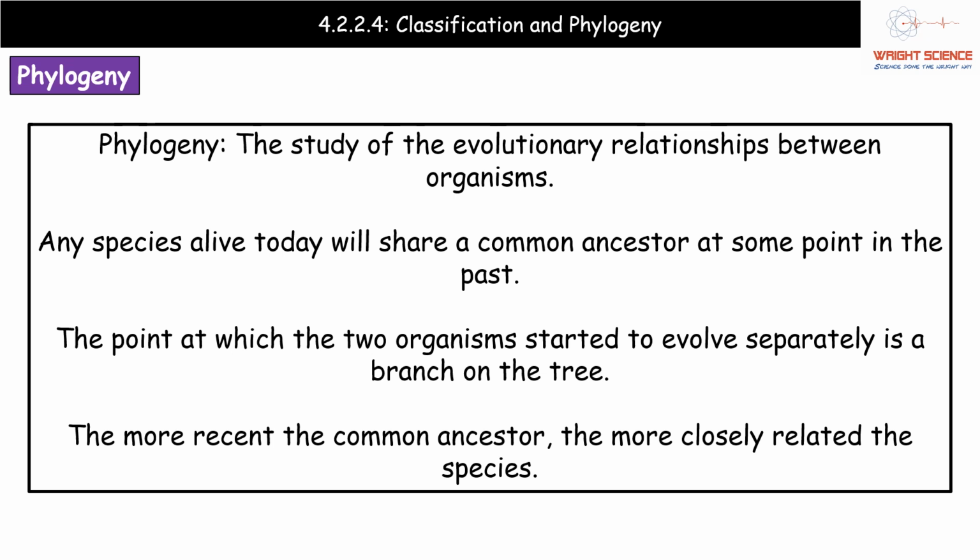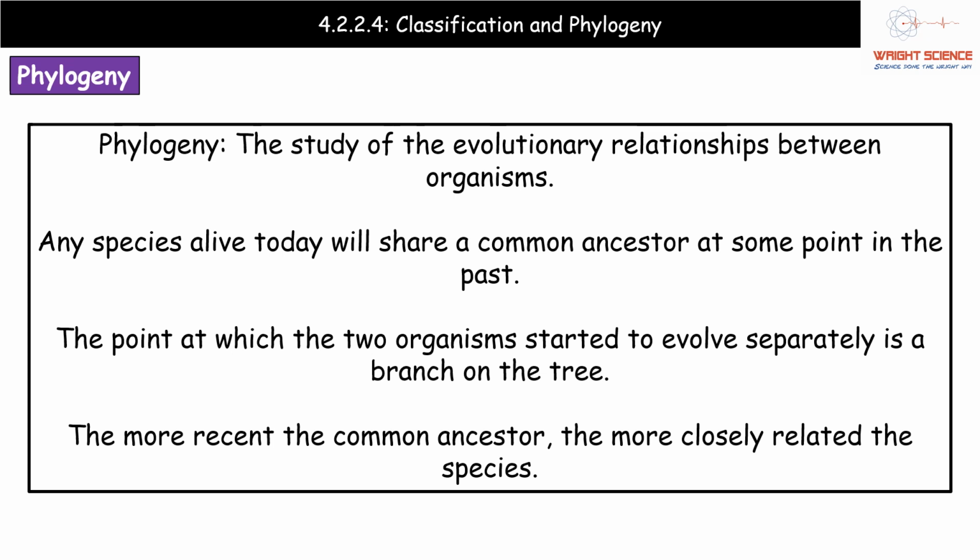Which leads us very nicely onto this idea of phylogeny. Whenever we talk about phylogeny, we are referring to the study of these evolutionary relationships that exist between different organisms. So pretty much phylogeny is the way to think about a massive family tree of every living thing on planet Earth.